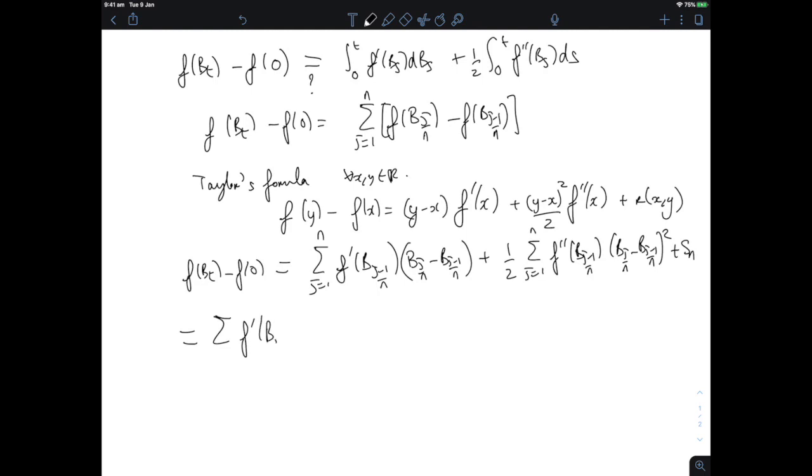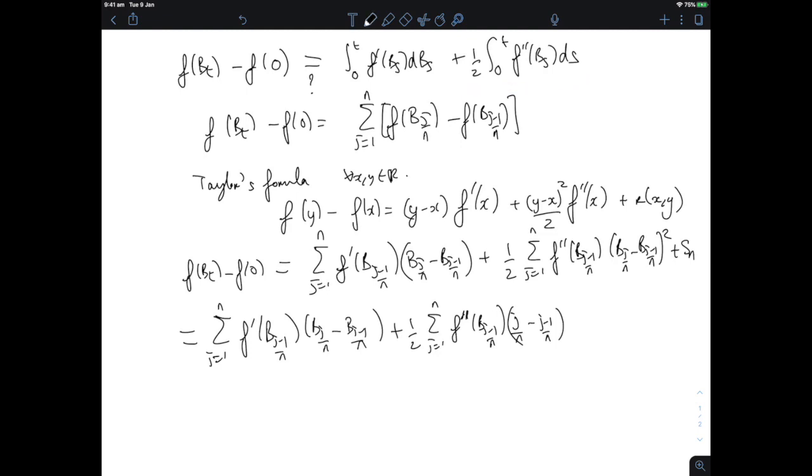So we have this first term, which will give the integral of f prime of B_s dB_s in the Ito sense. And then we want a term here with j over n minus j minus 1 over n. And this term, by the way the Riemann integral is constructed, will converge to the integral of f second of B_s ds.